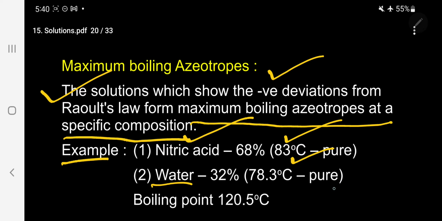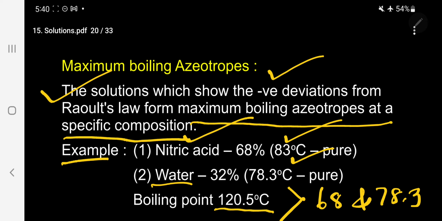If you mix these two, for example, 68% of nitric acid and 32% of water combine to form a liquid that is called azeotrope. The boiling point of that azeotrope is 120.5, which is greater than 83 and 78.3. So this is a maximum boiling azeotrope. Please follow. Maximum boiling azeotrope.